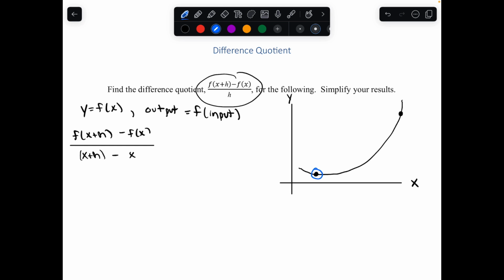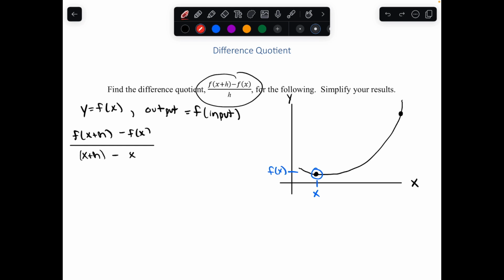So what is its x value? Well, I don't know the exact x value, but I can label it as x. But what is this point's y value? Well, how do you get a y value? You plug your input into the function. And so my y is equal to f of x. So I can call this y value f of x.